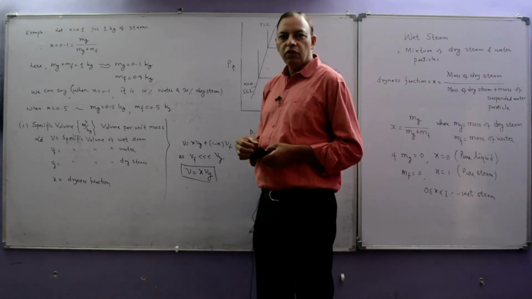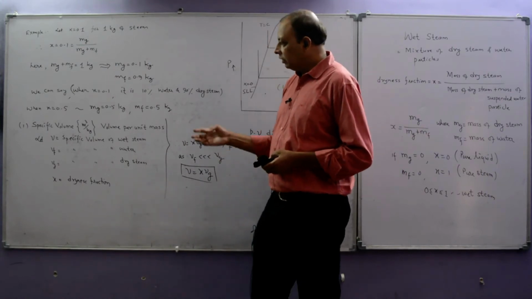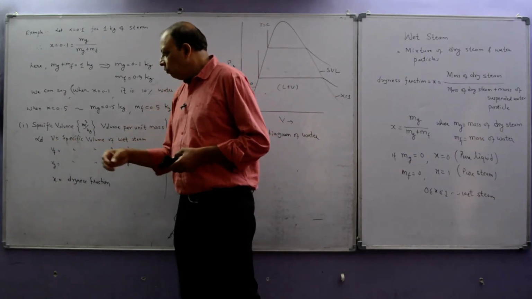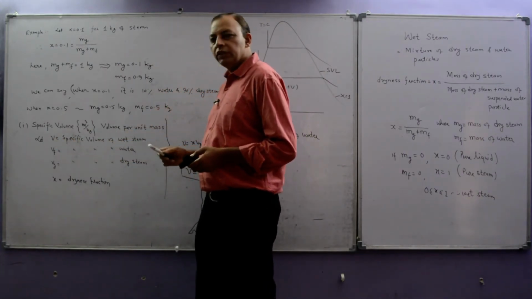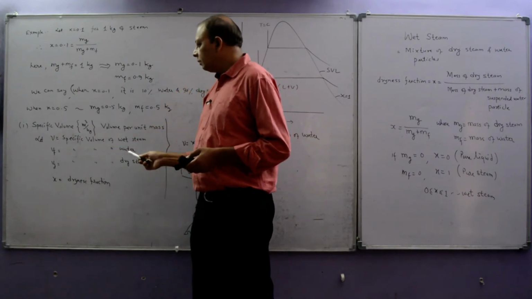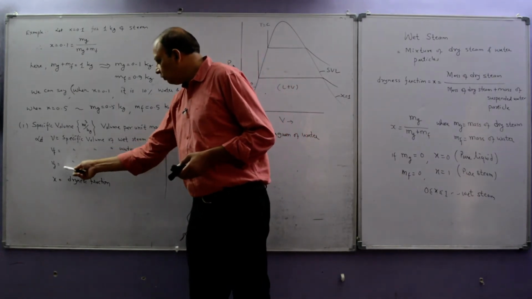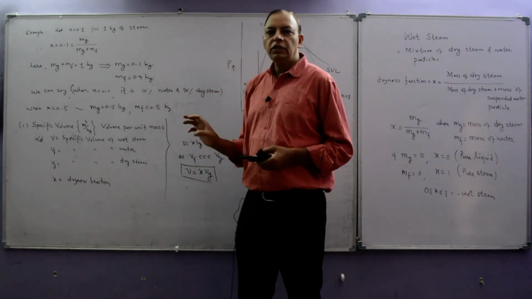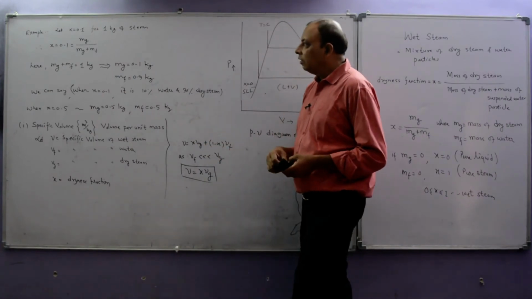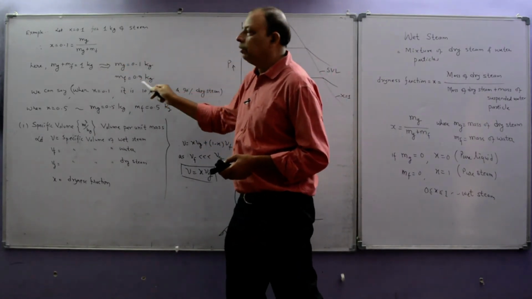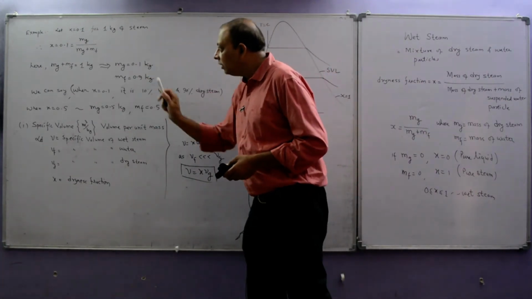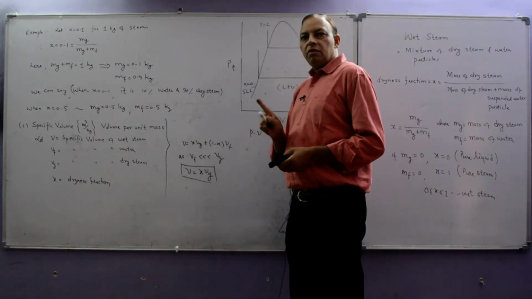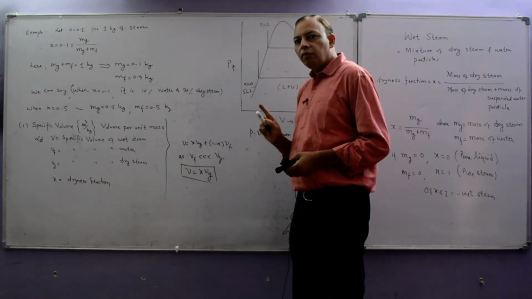Now the derivation of the formula for wet steam. We assume let v equal to specific volume of wet steam, vf equal to specific volume of water, vg equal to specific volume of dry saturated steam. Let x equal to dryness fraction. Then with the help of this example, we can formulate v, the specific volume of wet steam.